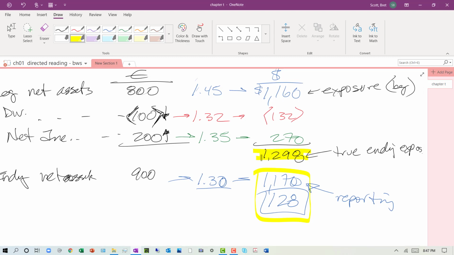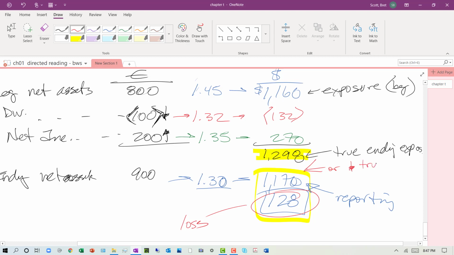That's a quick way of determining what this is, my loss. You can look at this and say I need to decrease my true ending position by 128. So we need to sacrifice or get rid of 128 to get me to the 1170.